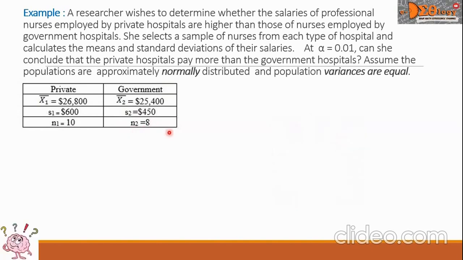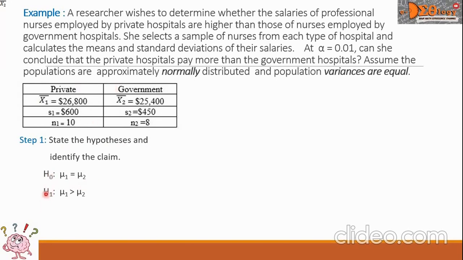For our solution, let us begin by writing step 1. That is to state the hypothesis and identify the claim. So we write here the null hypothesis H sub 0 colon mu sub 1 equals mu sub 2. Or in words, we say that there is no significant difference between the salaries of nurses from private hospitals and those from government hospitals.